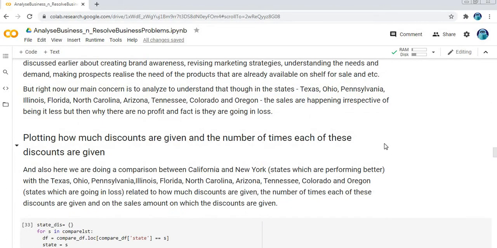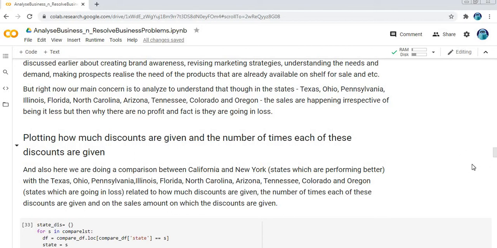So now we are plotting how much discount. First we will analyze how much discount is given on the number of items in each of these states, and the number of times each of these discounts is given.